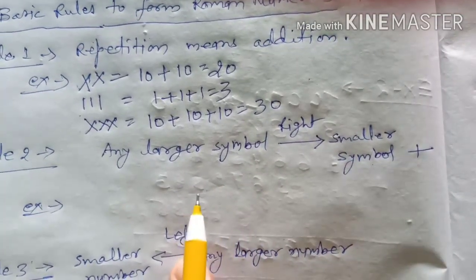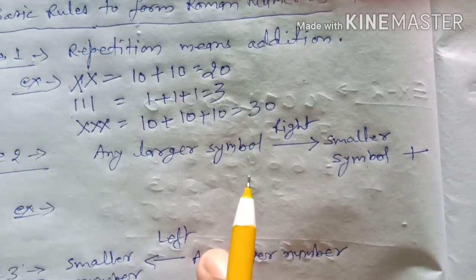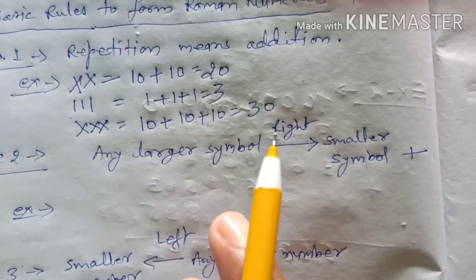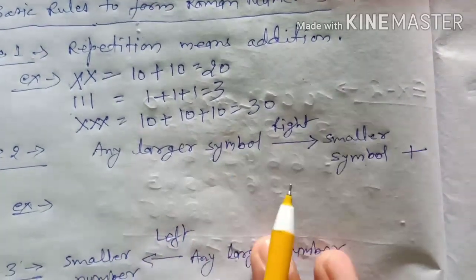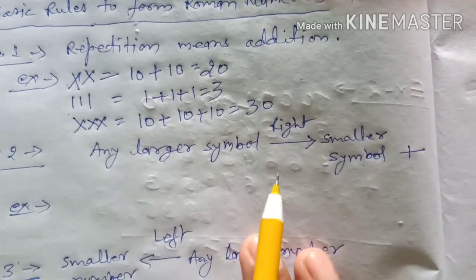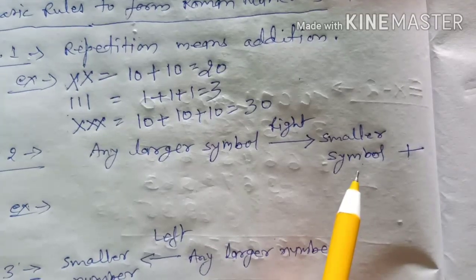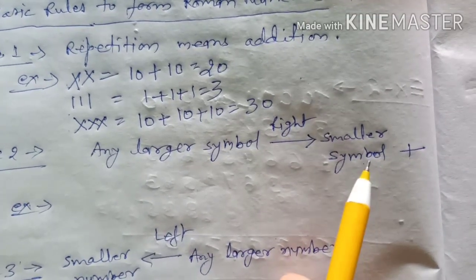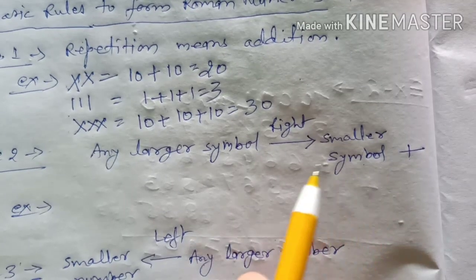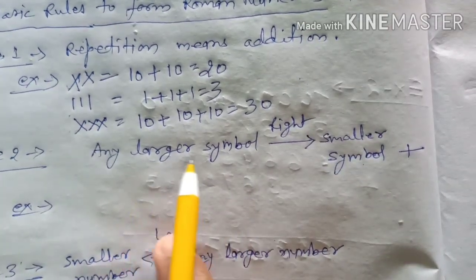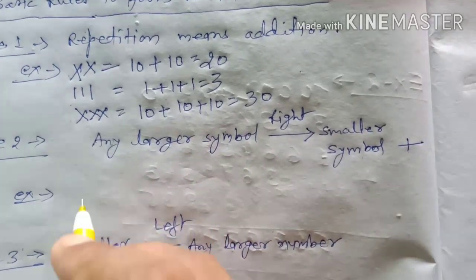When we form Roman numerals, we have to set some symbols to form the numerals. When we set any symbol which denotes a smaller number to the right of any larger symbol, it means we are adding.